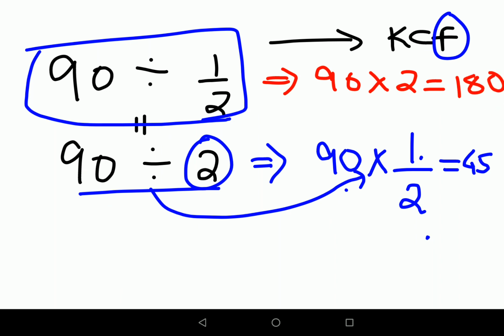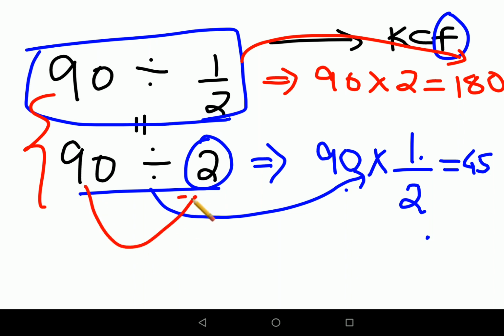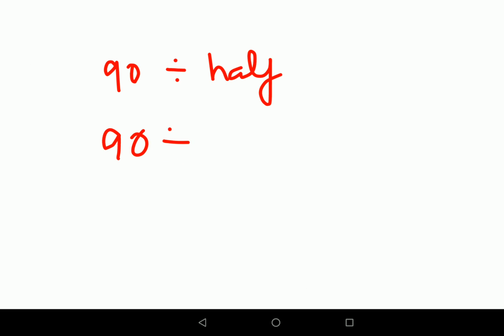So please see the difference between the two. One operation, 90 divided by half or divided by 1 by 2, gets you 180. 90 divided by 2 gets you 45. Please understand there is a lot of difference between 90 divided by half and 90 divided by 2.